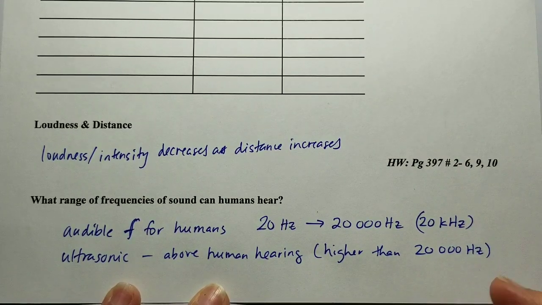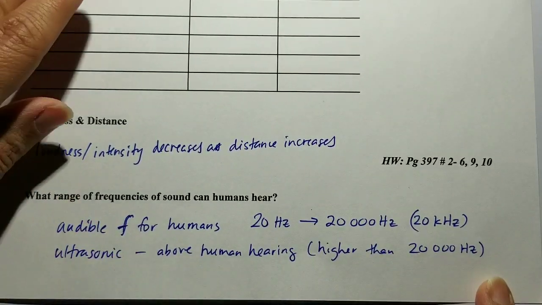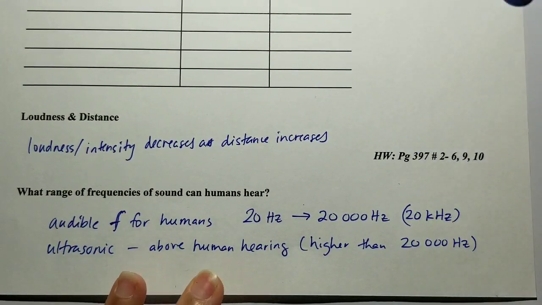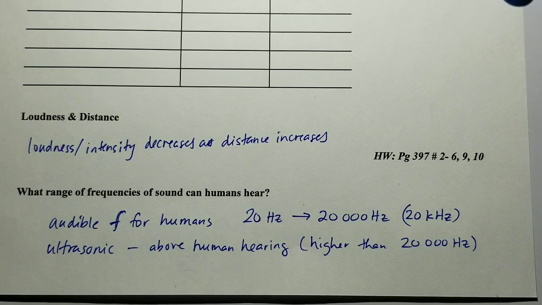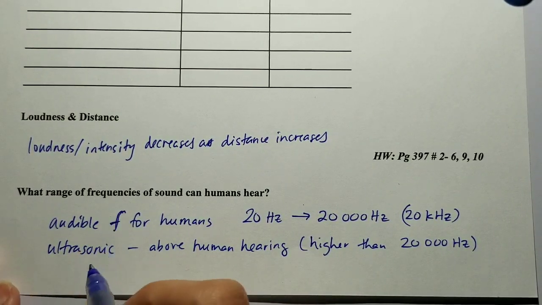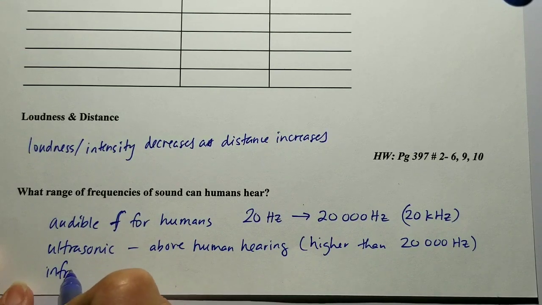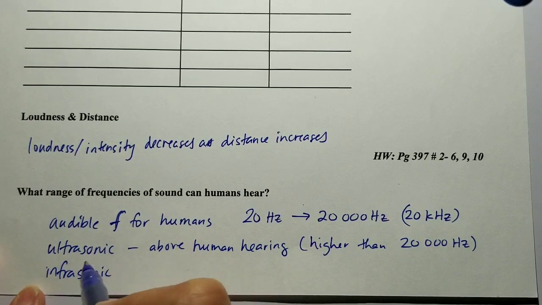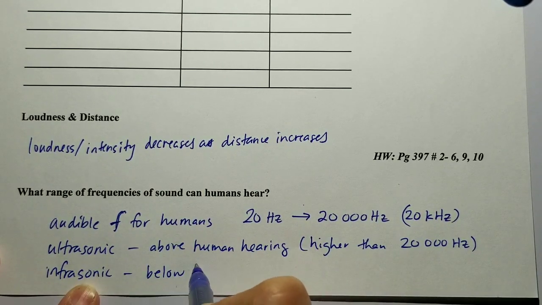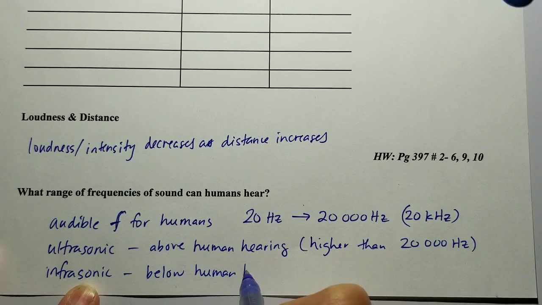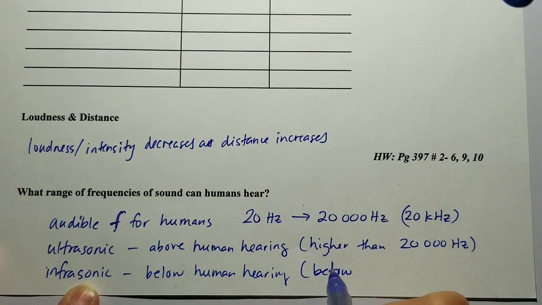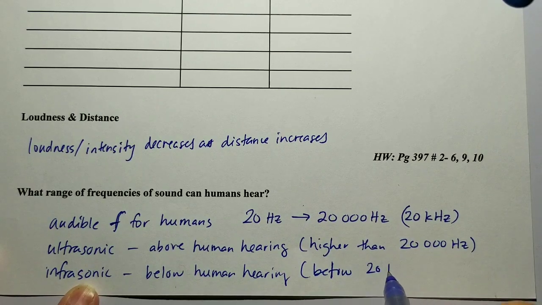Now, if we were in class, what I would do is I'd go on to YouTube and find a wave generator and adjust the frequency, and we'd all raise our hands when we can hear or not hear the sounds. So that's ultrasonic. Then we have infrasonic. Think of something inferior. It's below. This is below human hearing, so that's below 20 hertz.